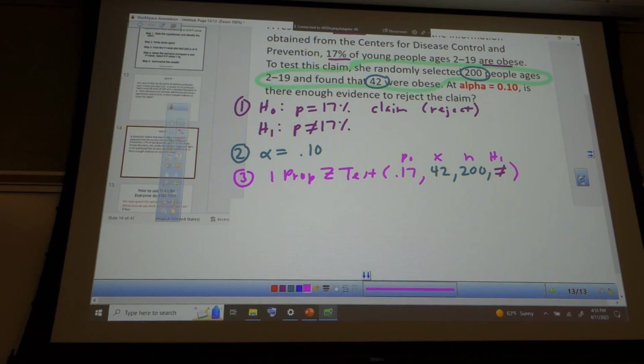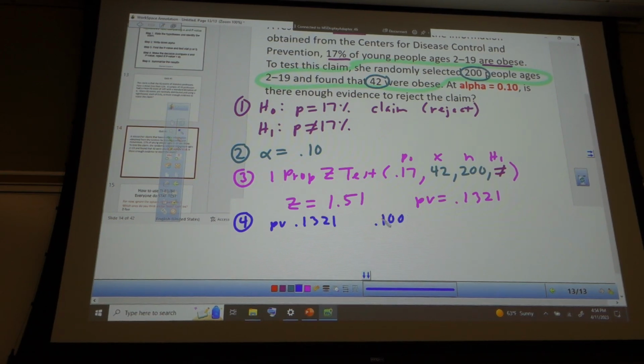Okay, so if you did that, what did you get for your Z-score? 1.51. And your p-value was? 0.1321. Everybody on board with that part? Great. So then step 4, we'll compare our p-value, 0.1321, to alpha, 0.10.